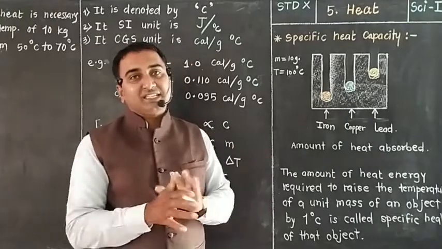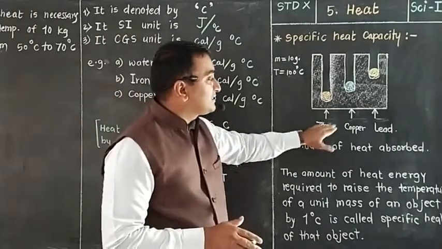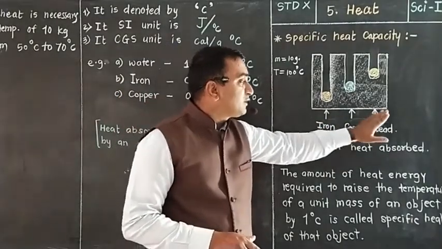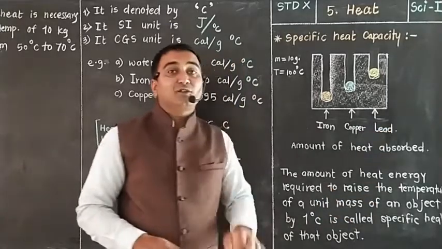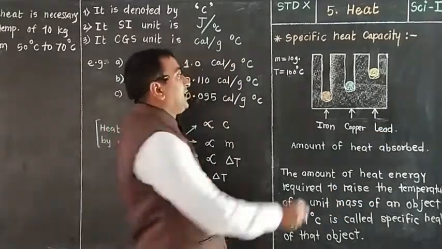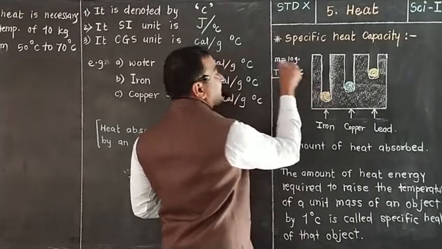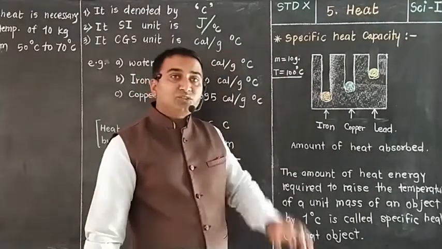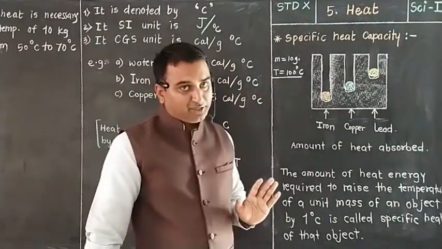Now the temperature of iron is equal to the temperature of copper, equal to the temperature of lead, equal to the temperature of that boiling water, and that temperature is 100 degrees Celsius. Now the three spheres have the same temperature.